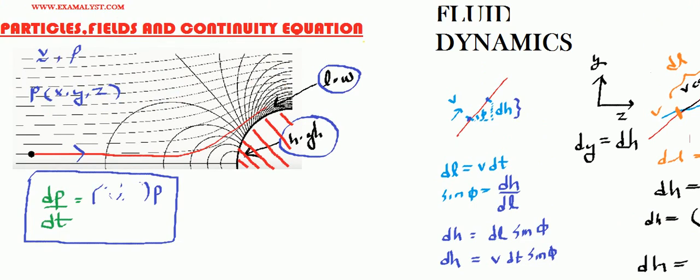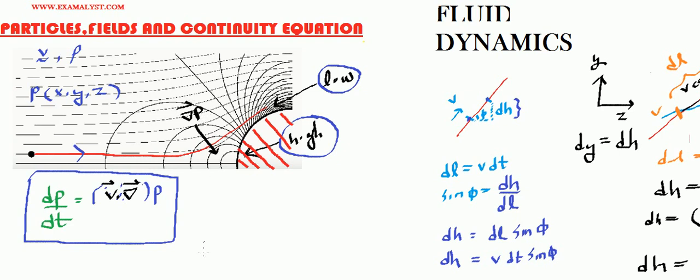So let's write it: it's v dot gradient of p. What is the direction of gradient of p? The direction of gradient of p is perpendicular to the streamline path.